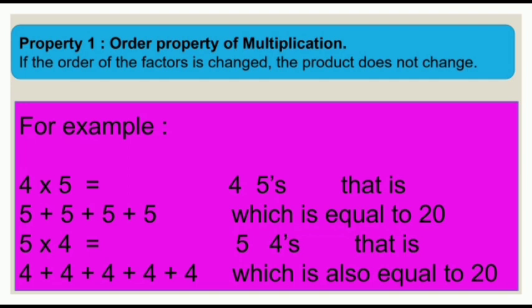If we do the addition of 4 for 5 times, that is 4 plus 4, 8, 8 plus 4, 12, 12 plus 4, 16, 16 plus 4, 20. Okay, so in this way, if we change the order of the factors, the product will not change. The product will be the same.